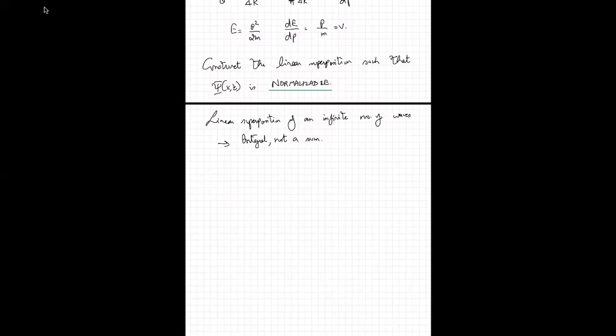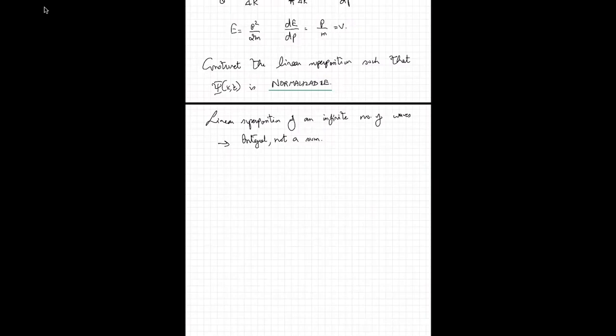For now, I just wanted to sketch a qualitative way in which this can be achieved, and all these problems can in principle be cured. That is what we will do in the next class. We will construct a linear superposition of all these stationary states. These stationary states themselves are not physical states.